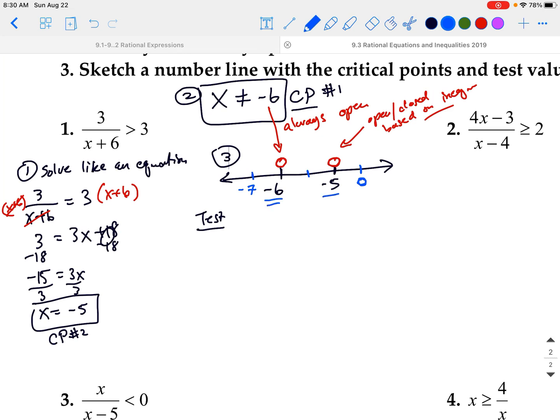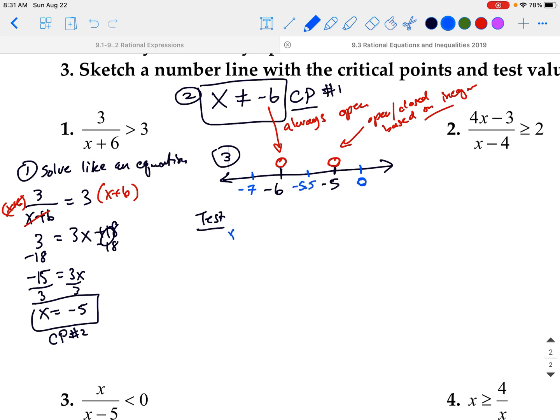Do not test endpoints or critical points, because we don't know what the behavior is there and it may not be true. Test points that are clearly greater than or less than your critical points. So we're going to test those values, and then in between, maybe we'll do negative 5.5.